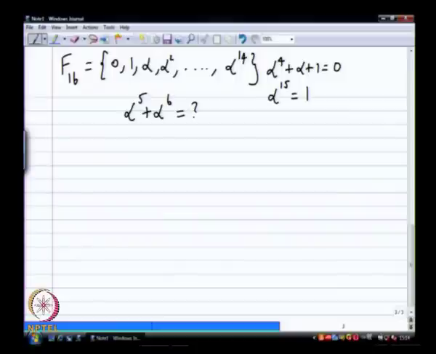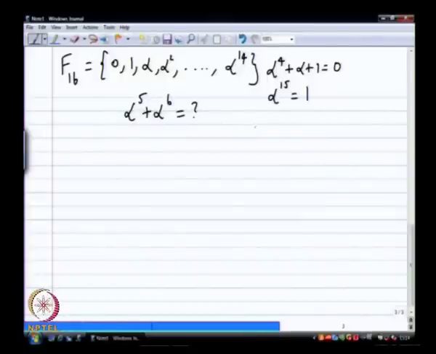In this case it is maybe a little bit easy because one of those equations will readily give you the answer if you multiply both sides by alpha power 5. Anyway, it does not matter. The ready made way of doing it is to have that table. Once you have that table, you go look up what alpha power 5 is, and then you look up what alpha power 6 is, then add it up, you will get the answer in the polynomial notation, and then you can go back to the power notation. So let me do that real quick for this case.